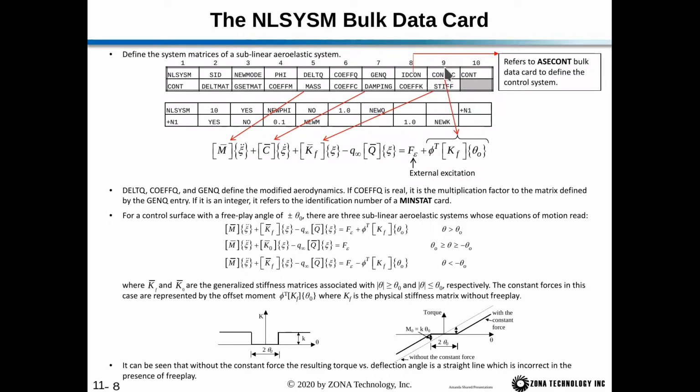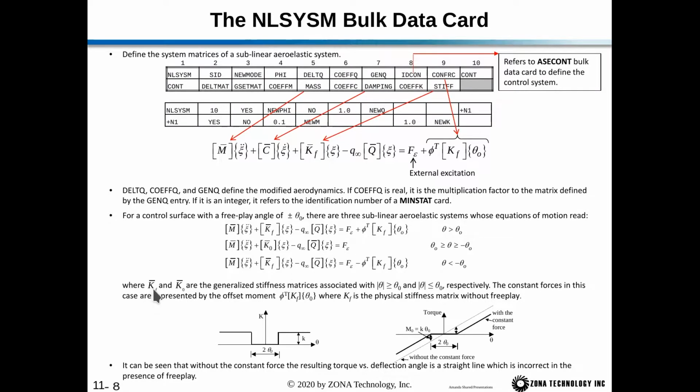So the con force here is this total constant force. The reason that's needed, if we come down here to our Freeplay diagram, you can see that our torque theta diagram out here needs to be shifted down, and then out here needs to be shifted up. And then we do that shifting through the force here, this constant force.